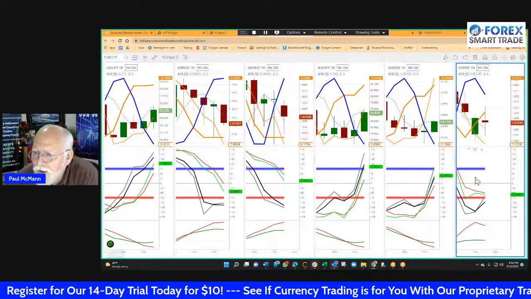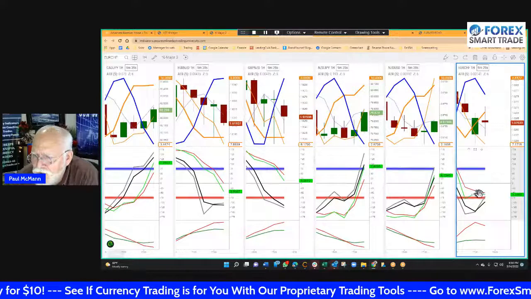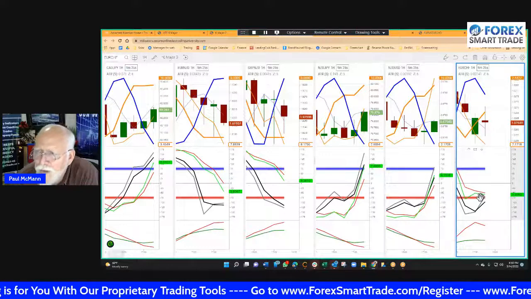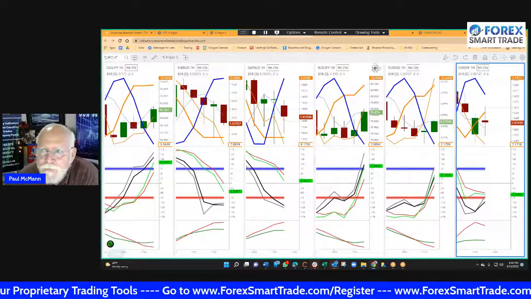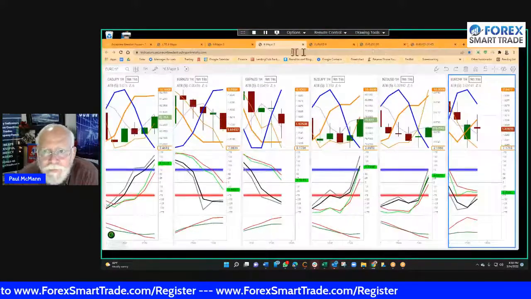Euro, Swiss franc. We've got a mixed signal here. Majors are sideways. Miners are oversold but going up.